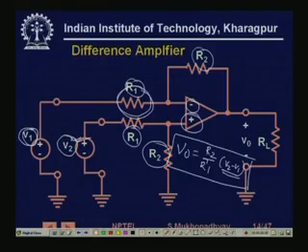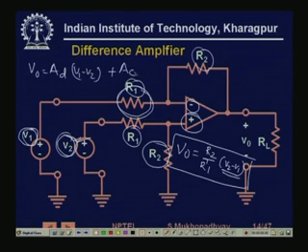Although I am saying that it is not dependent on the levels of these individual voltages but only on the difference, actually the output is proportional to some difference gain into V1 minus V2, and then some common mode gain into V1 plus V2 by 2. So the whole exercise in circuit design is to make this gain small and this gain large, then it will behave like an ideal difference amplifier.